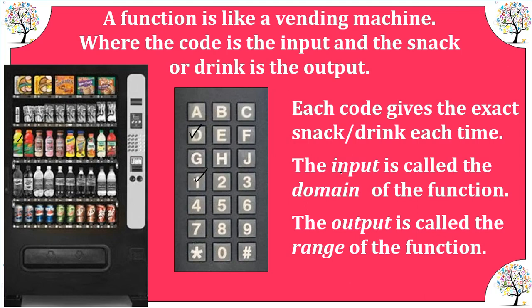Now let's take a look at some new vocabulary words. The word input you are familiar with. This is also called the domain of the function. So my domain are the codes that give me my output. And another word for output is range.